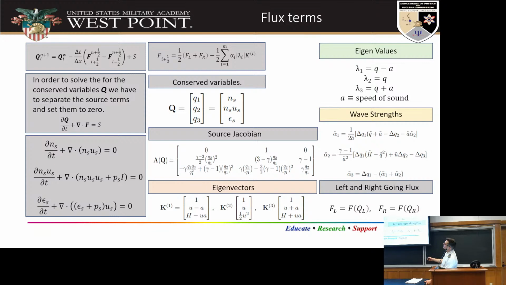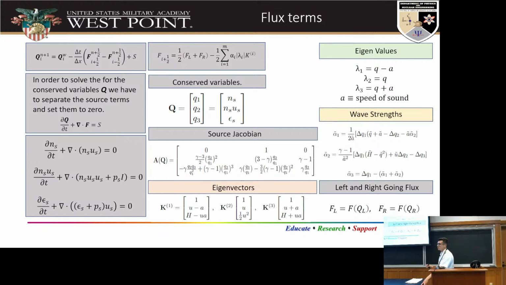So as you can see, I rewrote the conservative form. To find the flux, we used this equation, which is half of the left and right going fluxes for the initial data, minus 1/2 of the sum of the wave strengths, eigenvalues, and eigenvectors. This piece right here was done by Roe, and he used a parameter vector and solved for the eigenvectors and eigenvalues of that source Jacobian.